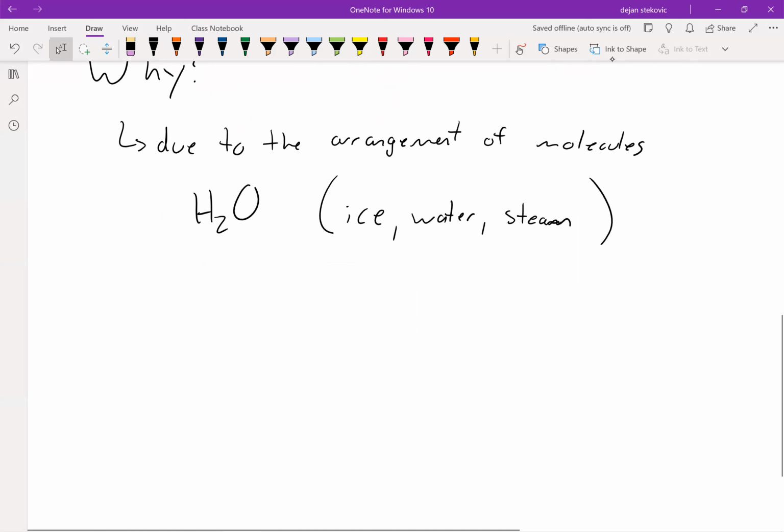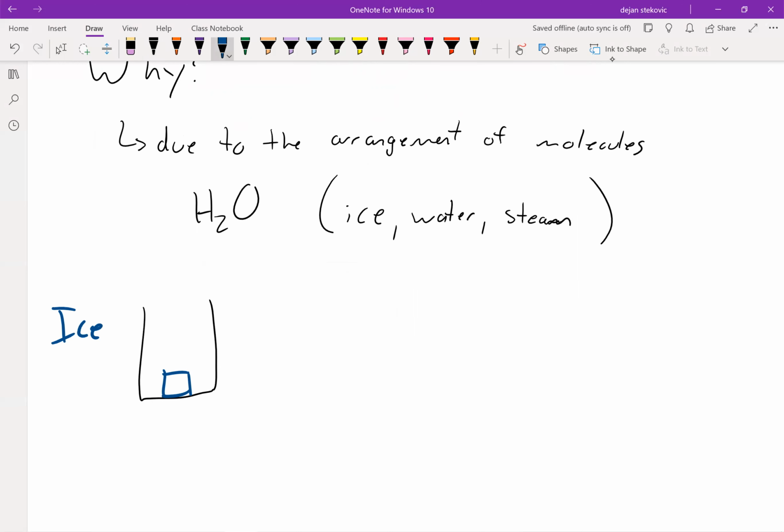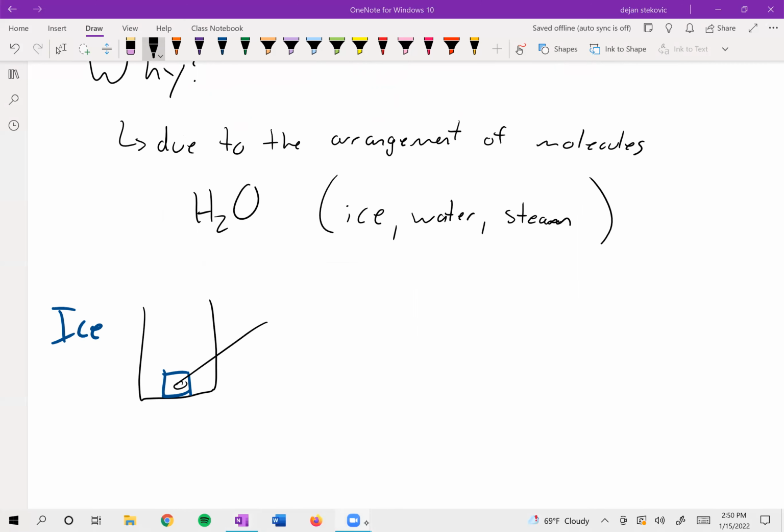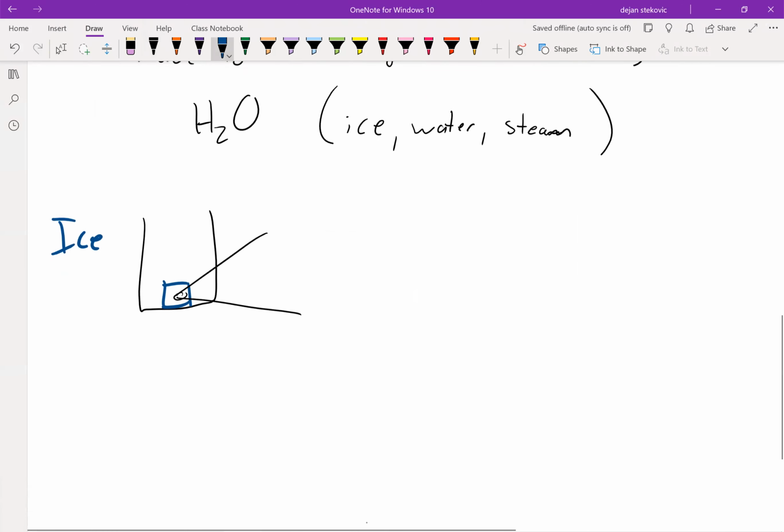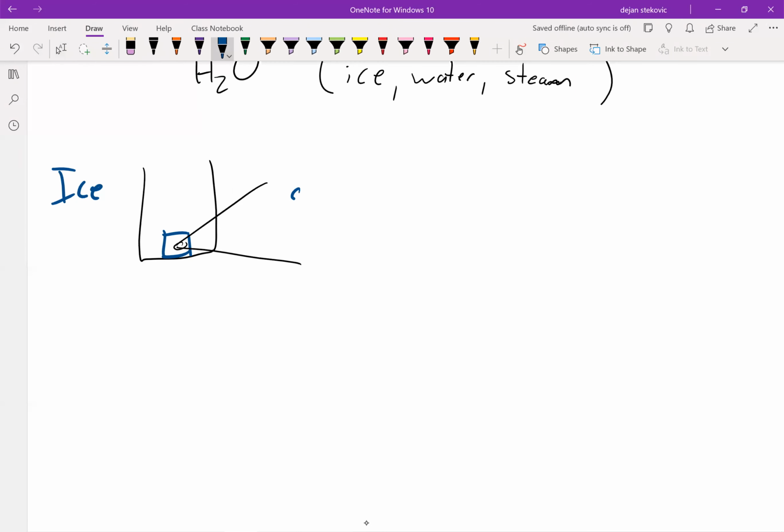But H2O can exist as multiple different things, right? So when we've got solid H2O, we've got ice. And if we put that in a container, it's just going to look like whatever it looked like before we put it in the container. In this case, I made it a cube. So we're going to want to zoom in here and think about what's going on at the molecular or the intermolecular level. So whenever we have a solid, all of our atoms are in fixed positions and they're packed as tightly as they can be packed.